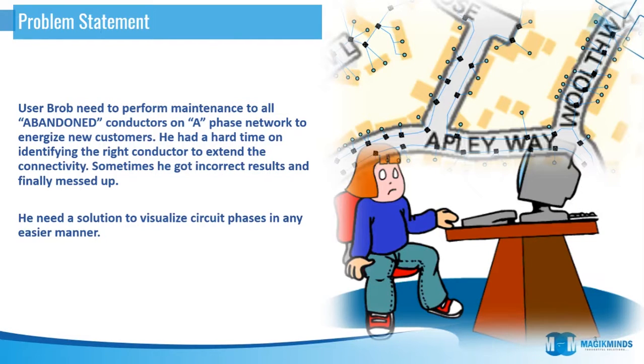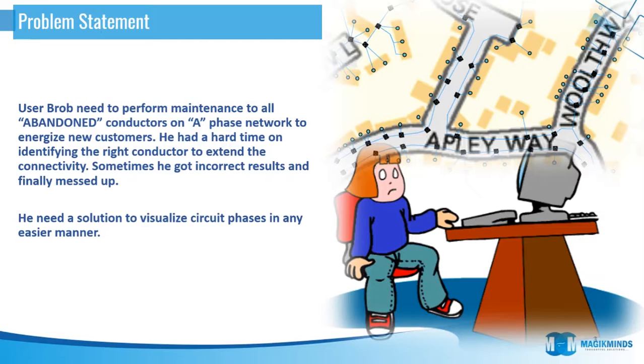There is a situation. There is a user called Brock who needs to perform daily maintenance activities on all abandoned conductors, especially on the A-phase network. This is required to energize new customers.